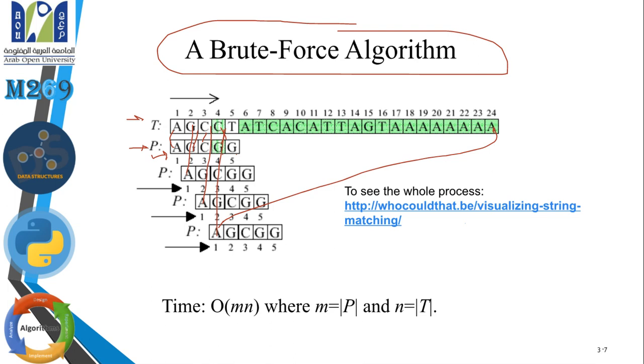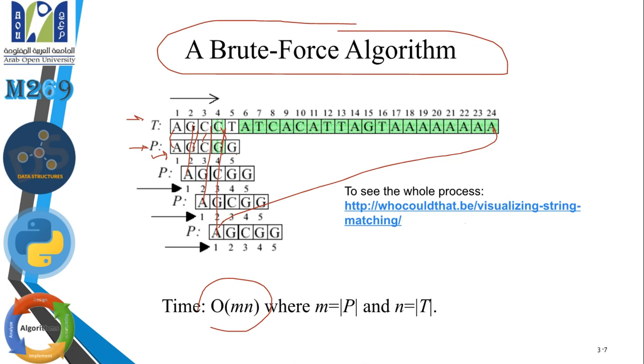But it's not efficient at all, and the complexity is very high. It's O(MN) type. From where do we get the M and the N? Actually here, the text T has N characters, and the pattern P has M characters, of course not of the same size.